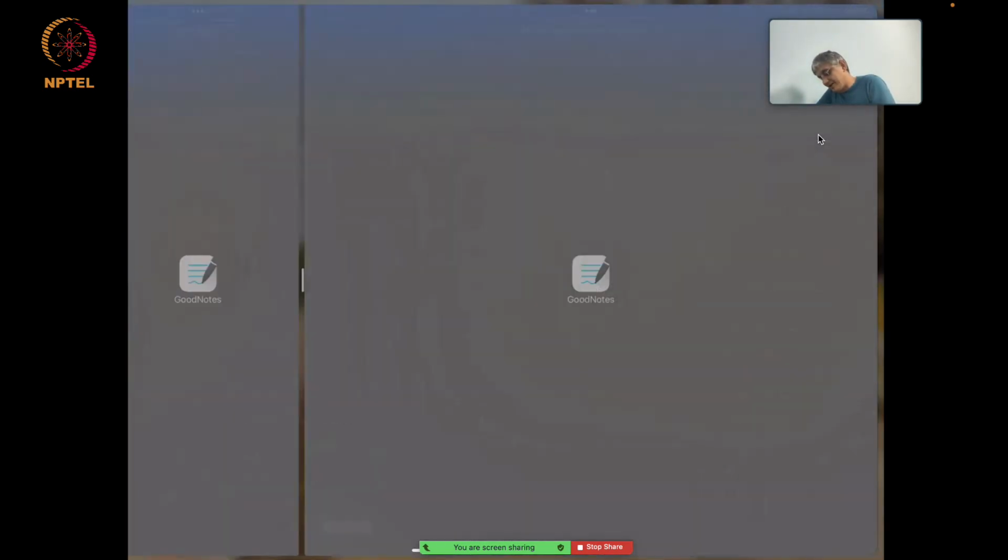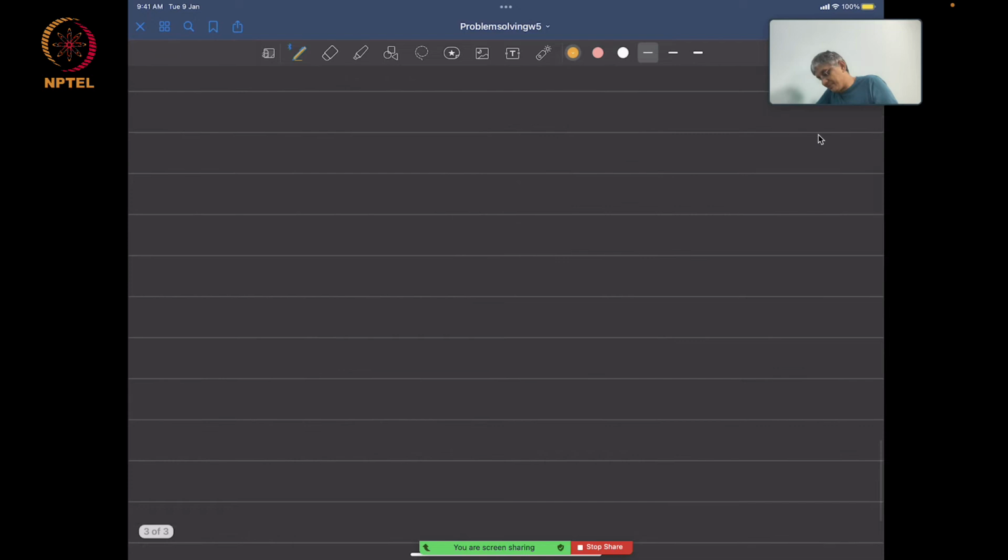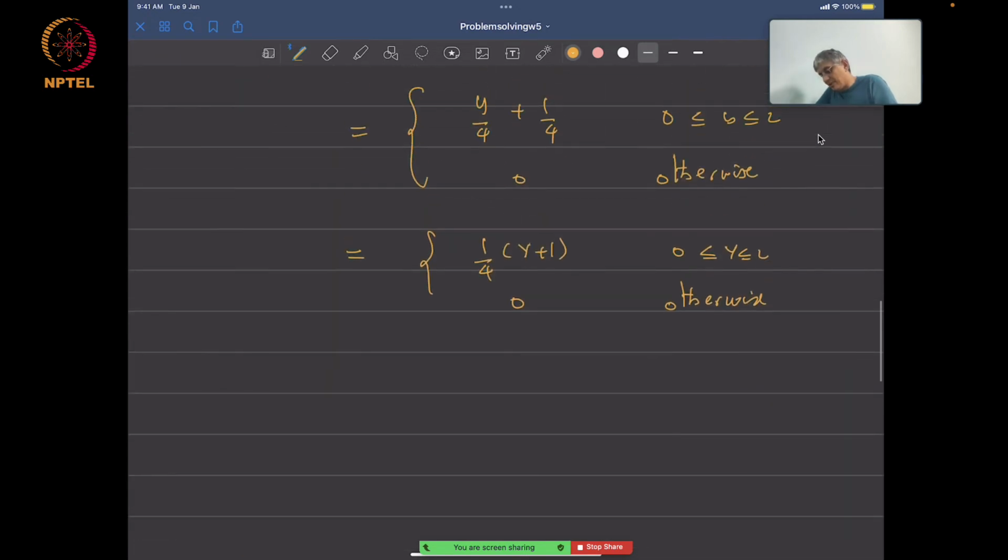So let me make a small remark. One needn't have computed the density of y.